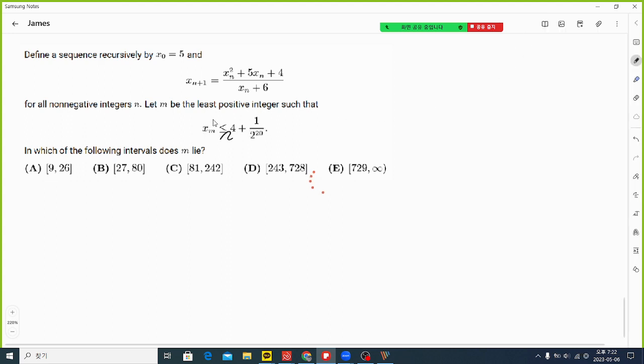Yeah, so to find this value, let's first subtract 4 from the sequence in the formula of the recursive.